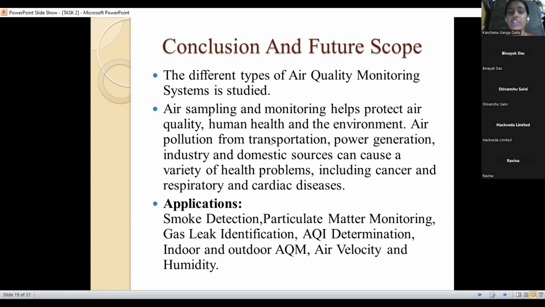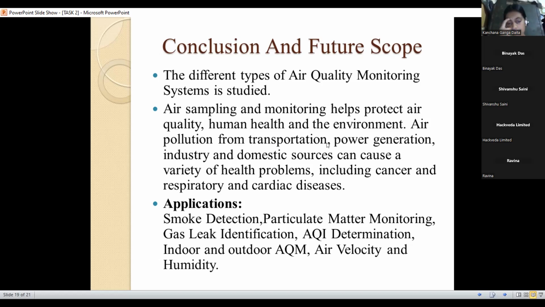So keeping all of this in mind, we need to have a concern on air quality monitoring systems. We need to place them everywhere they are used. Also, we can avoid various health problems, including cancer and respiratory and cardiac diseases, only because of using this. We can know what differences we are having and what measures we need to take to avoid such pollutants in the environment.